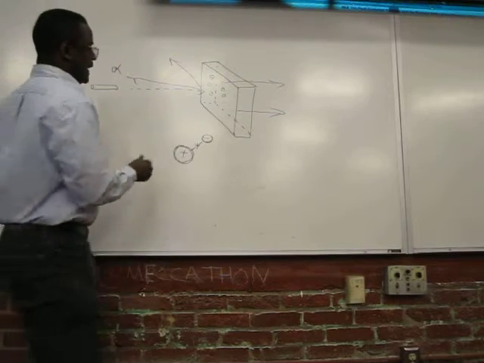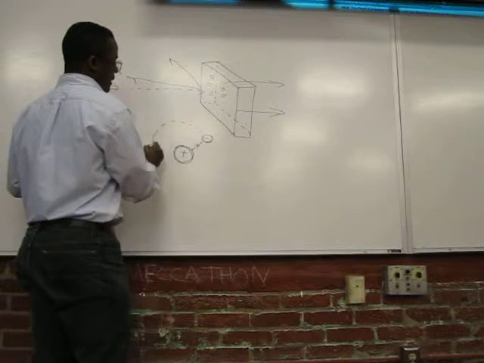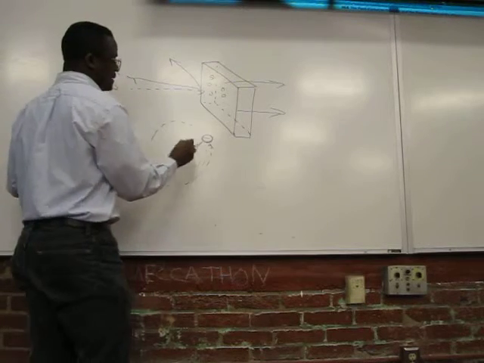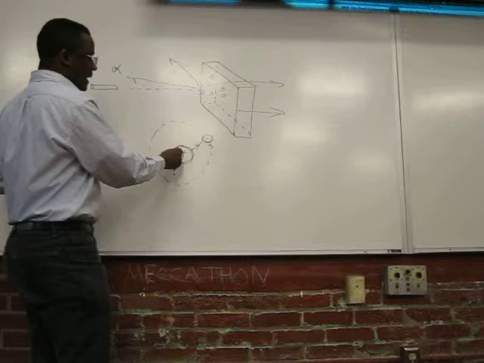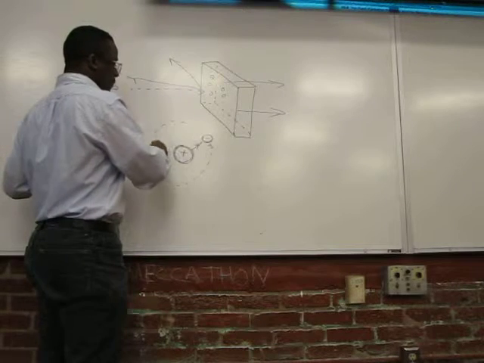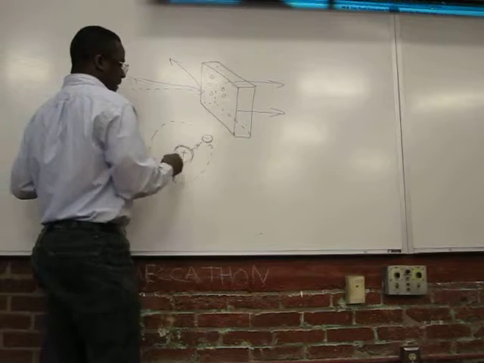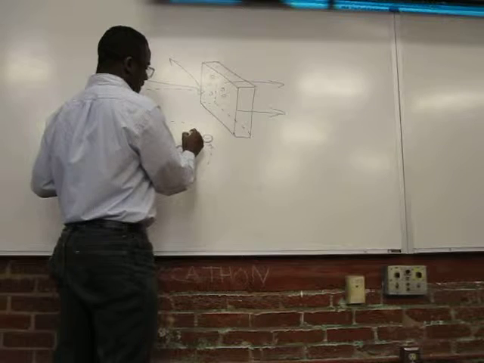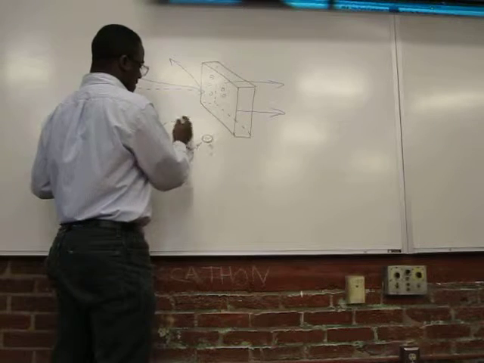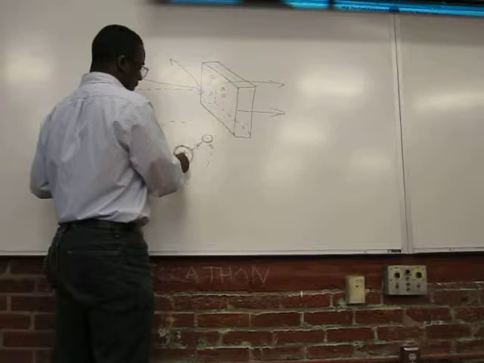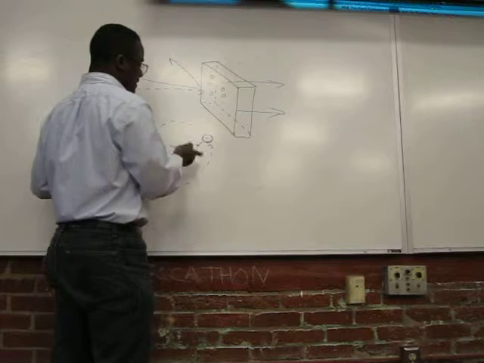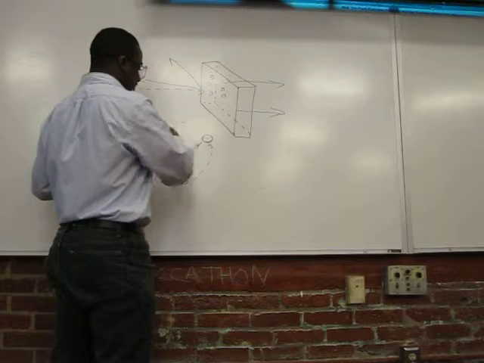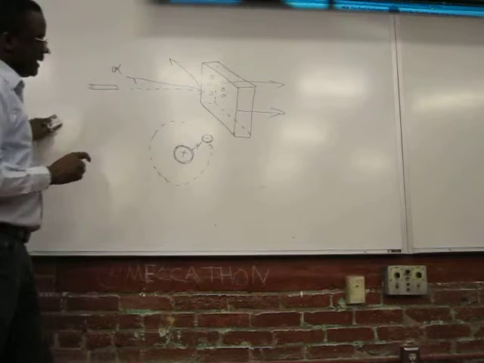So he came up with this planetary model. He said the electrons must be orbiting the positive charges like the moon is orbiting the Earth, and the electrons must be orbiting the protons at a certain speed such that they don't fall in.